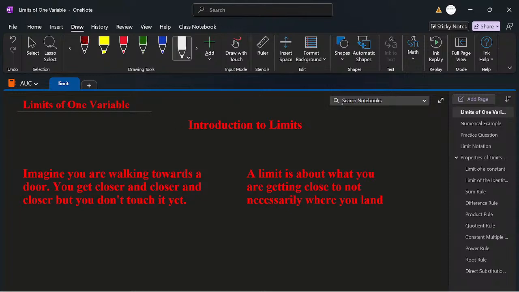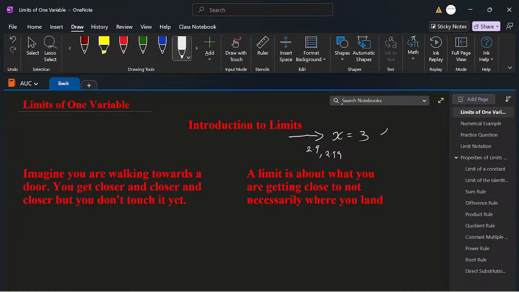Take for instance, let's say you have a value, x equals 3. The limit as x tends to 3 could be from the left hand side, that is, you can have something like 2.9, 2.99. So that is from this side.